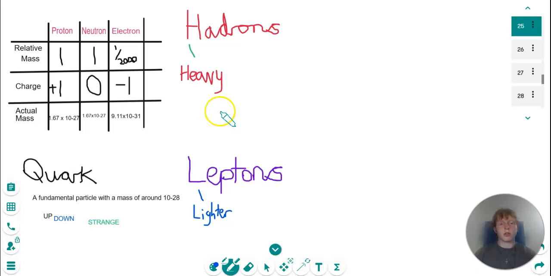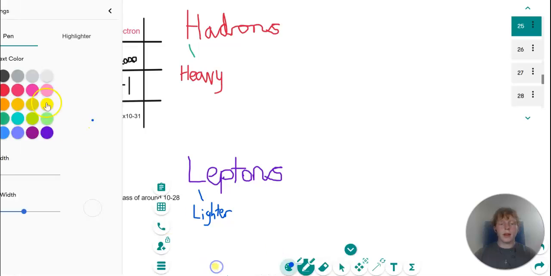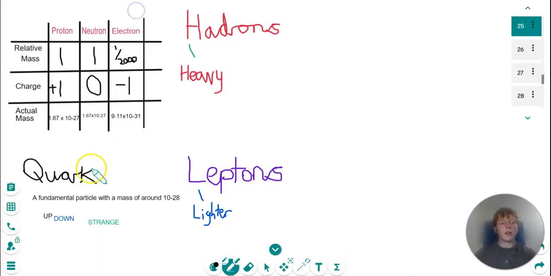There's a lot more particles than just the proton, the neutron, and the electron when we're classing particles in these two categories, okay? But the important thing to mention is that the hadrons are made of these quarks over here, okay? So these mainly link to the hadrons. The leptons are their own separate fundamental matter, okay?